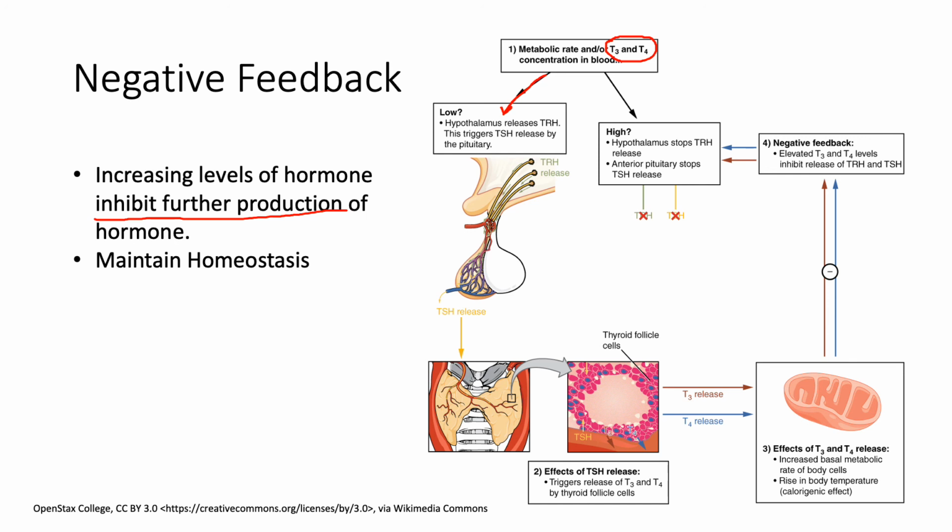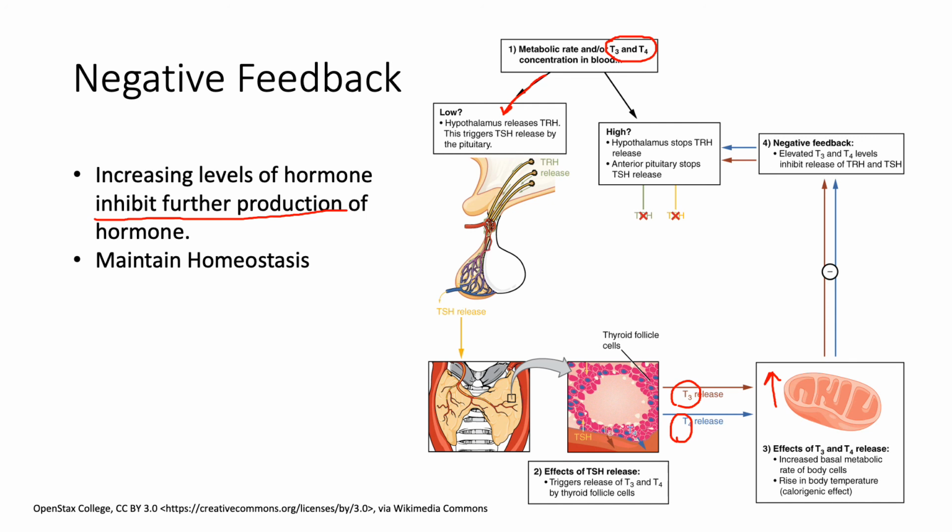The hypothalamus will say, it's time to send a thyroid releasing hormone. And this triggers the pituitary then to release thyroid stimulating hormone. When that gets to the thyroid, it will say, okay, I will make both T3 and T4. And what's going to happen? Well, that's going to increase the metabolic rate of all cells. Because remember, those hormones are going to be circulating through the blood, right? Where they'll interact with any cell that has a receptor for T3 and T4.